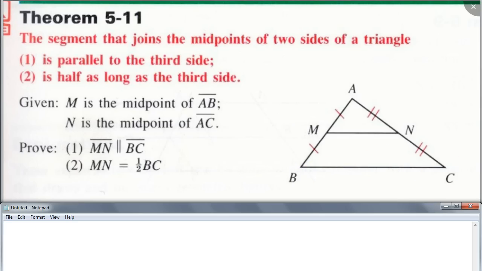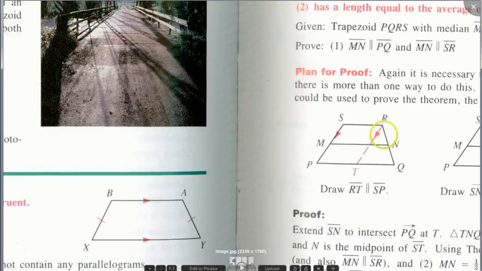You see how it's similar to the one we just talked about for the trapezoid. For a trapezoid, you have two bases, so instead of half of BC, it is half of the sum of the two bases. MN was parallel to BC, and here it is parallel to the top base. It turns out this theorem is going to help us prove the theorem we've been talking about.